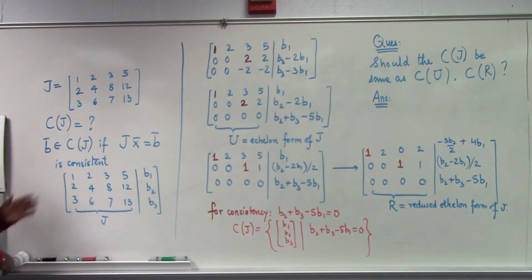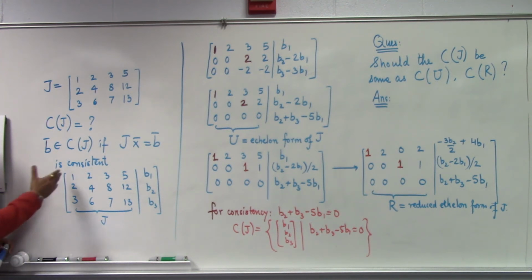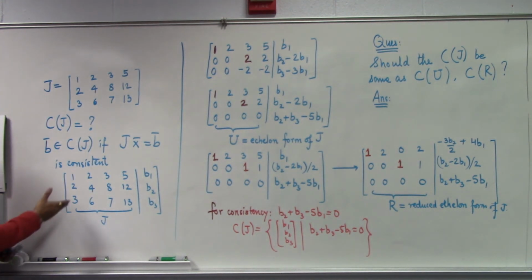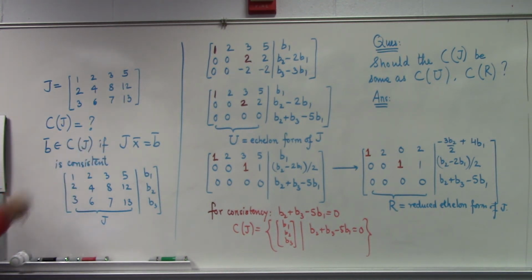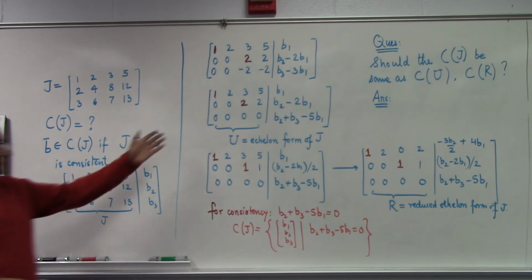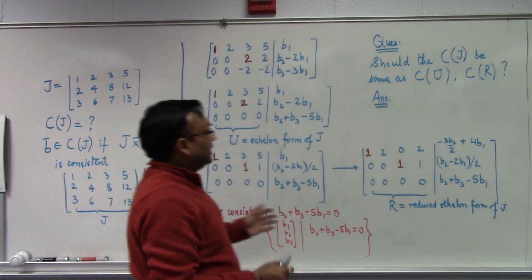And if you look at J, would you agree each of these columns by definition should belong to the column space of J? So for example, 1, 2, 3 belongs to the column space of J, but 1, 2, 3 cannot belong to the column space of R or column space of U. So that gives you the answer.